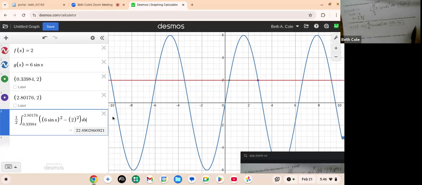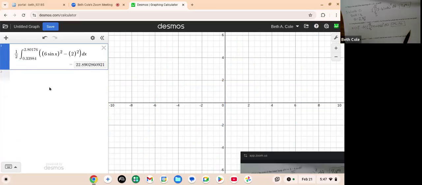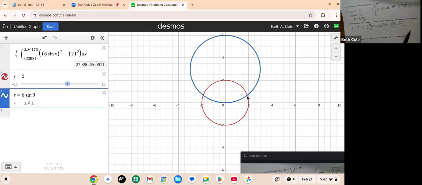So let me show you again. I'm going to write that down on my paper, 22.890. But I just want to show you again because I don't know if it'll work with all of this in here. So let me try r equals 2. Oh, there it's doing it. All right, r equals 6 sine theta. So again, I typed in 2 different functions to get these boundaries.